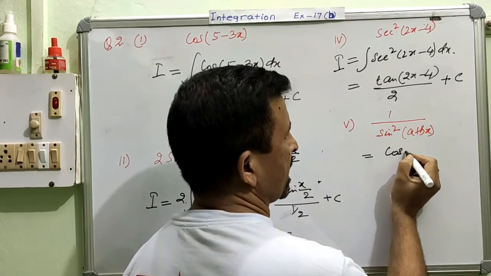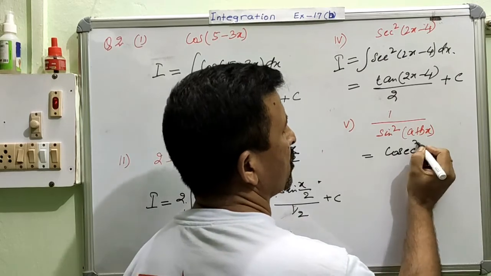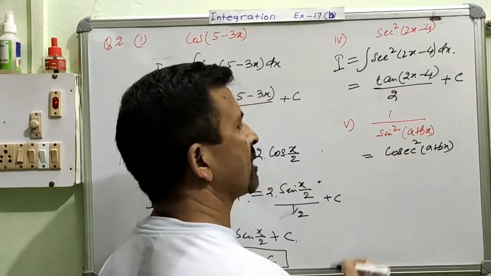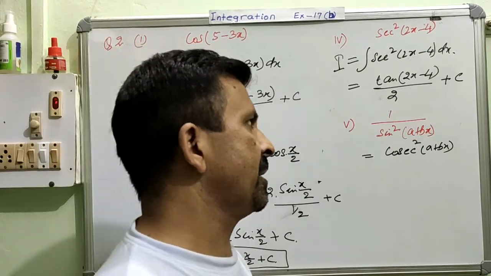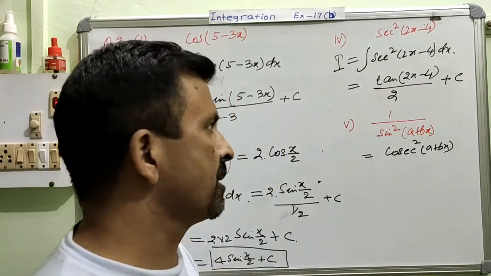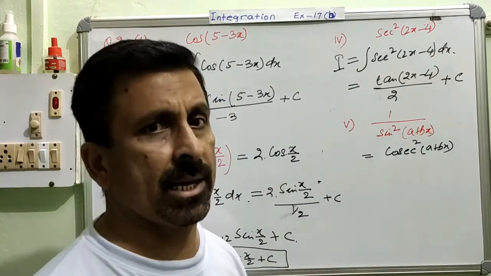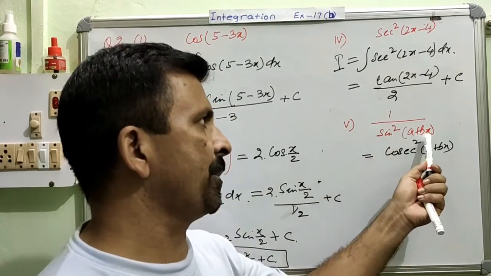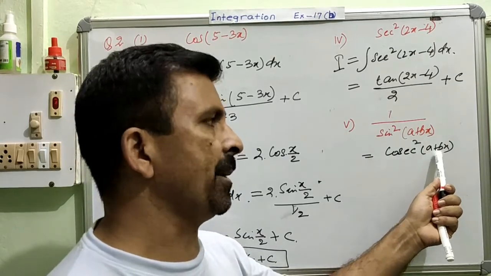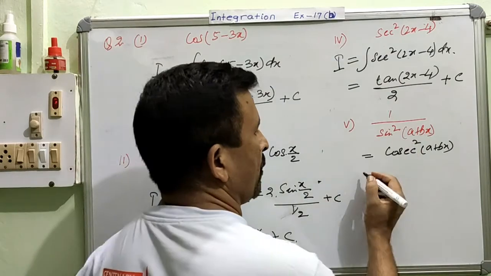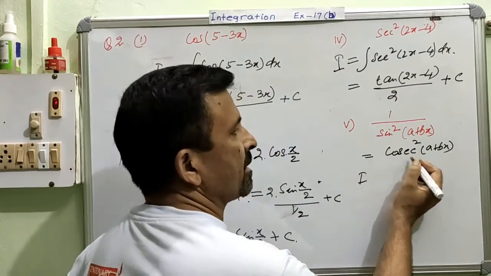Because you know that 1 over sine is the reciprocal of sine, and the reciprocal of sine is cosec. So 1 over sine square of a plus bx can be written as cosec square of a plus bx. Am I very clear? And after this we can go for integration.